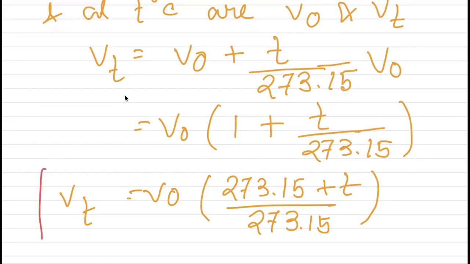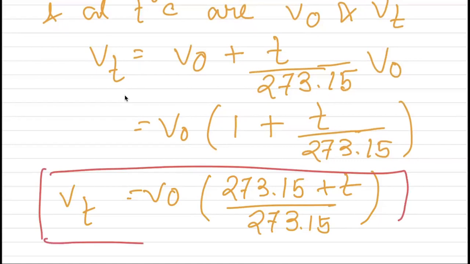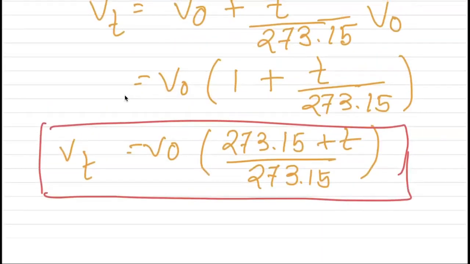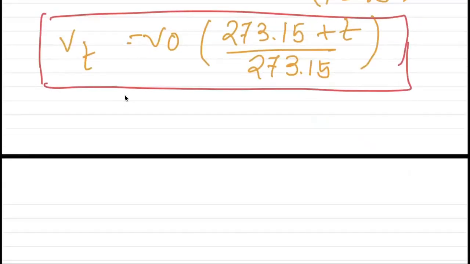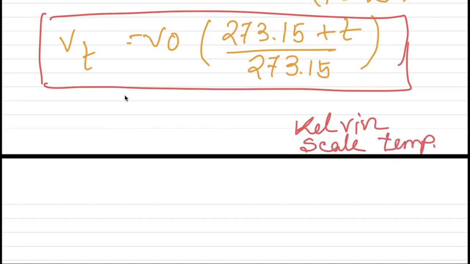This is one of the forms of Charles' law. And from this formula we can get a new scale of temperature, and that scale is known as the Kelvin scale of temperature.